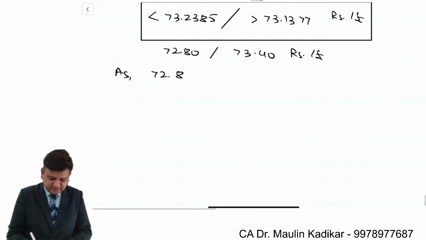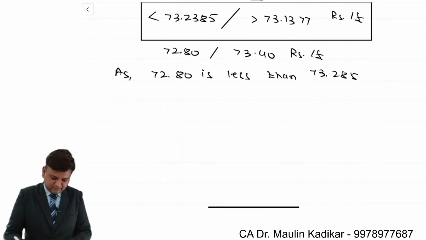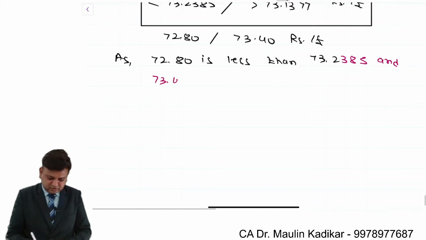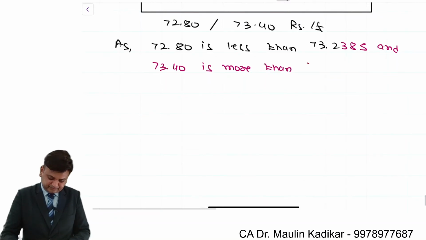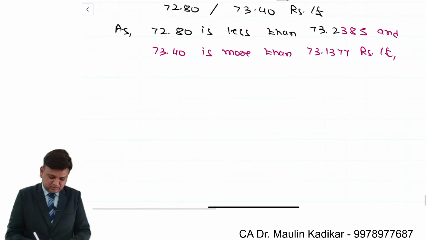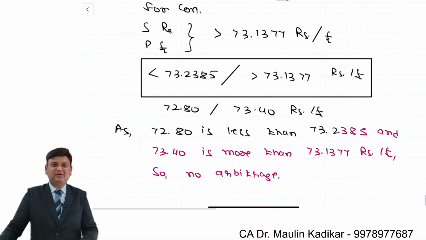As 72.80 is less than 73.2385 and 73.40 is more than 73.1377 rupees per pound, so no arbitrage. This is the way we have to write the conclusion.